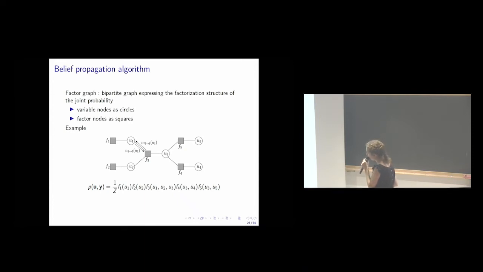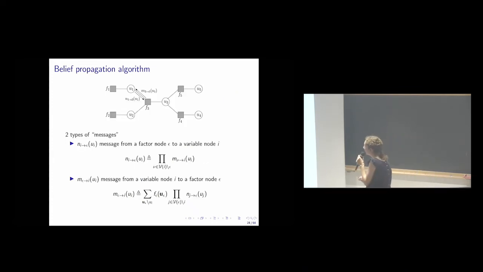For example, here you see that the factor node will be linked to 3 variable nodes, U1, 2, and 3. And then this particular U3 will be linked to 3 different factor nodes. In fact, you find U3 in F5, F4, and F3. Okay, so this is just a way to construct, to draw your joint distribution.